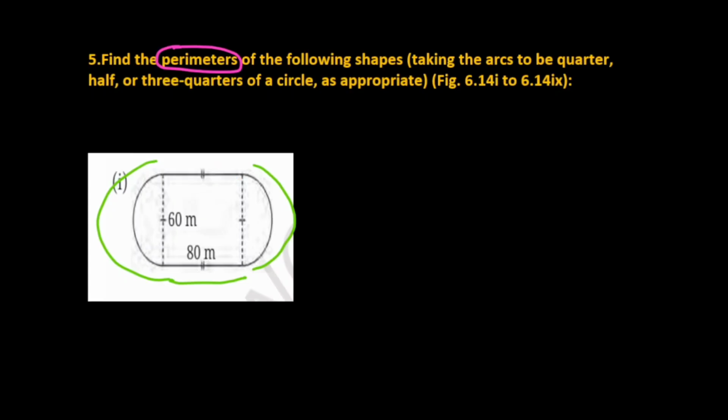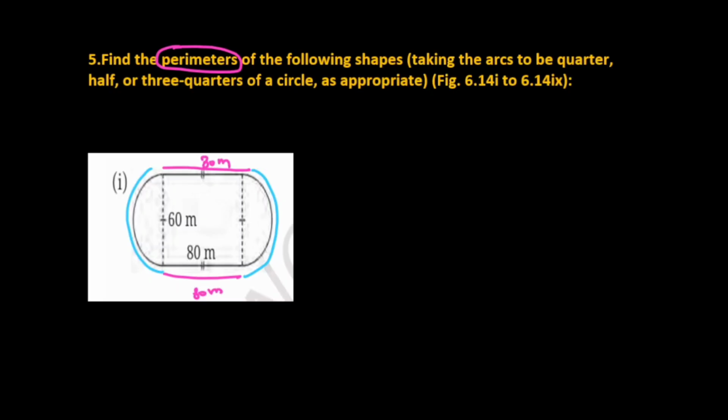For finding that full length, we can divide the shape. This length is 80 meters, and here also 80 meters. Then we need to find two arc lengths, this one arc plus this another arc.